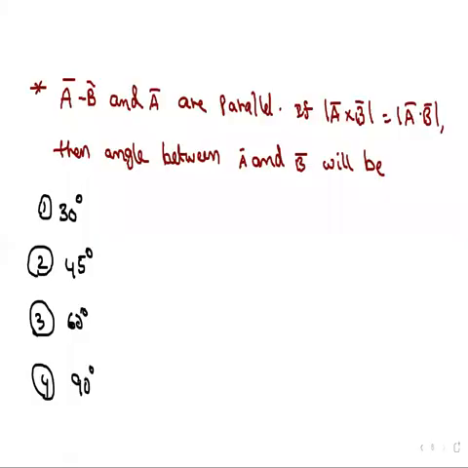Next question: a bar and b bar are parallel. If modulus a bar cross b bar equals modulus a bar dot b bar, then the angle between a bar and b bar will be? Okay, see here. The information given is modulus a bar cross b bar equals modulus a bar dot b bar. What is the formula for the magnitude of a bar cross b bar?